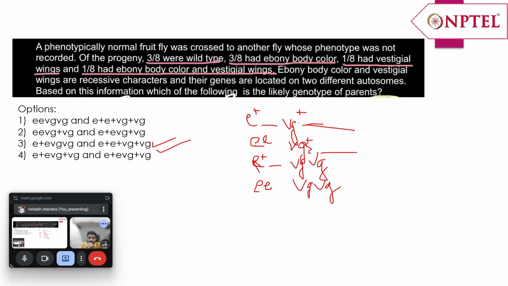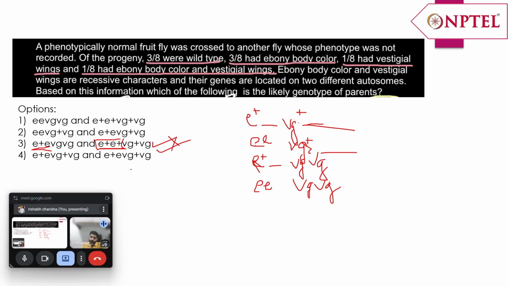If the third case were there, for example if we see E positive only, there would be no ebony body colored offspring observed, because in this case it is heterozygous, but in this case it's homozygous. Because we are observing ebony colored offspring also, this is actually ruled out.